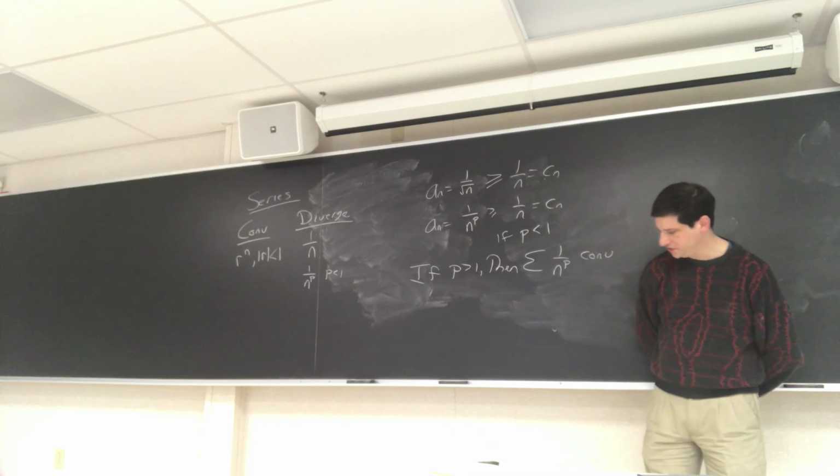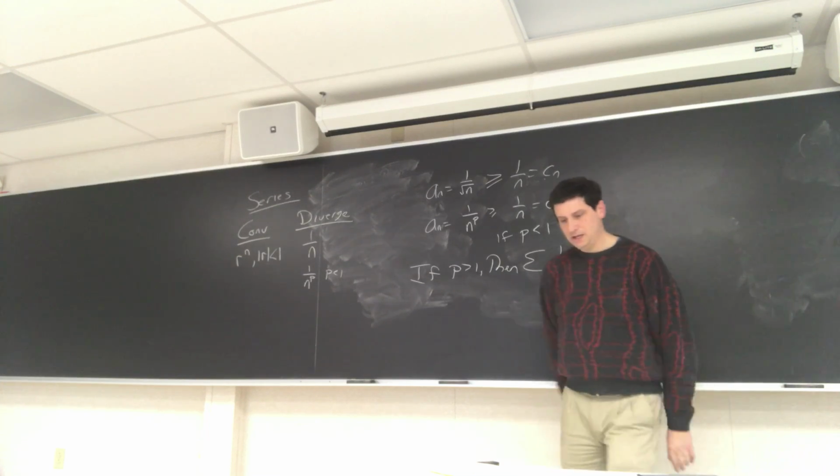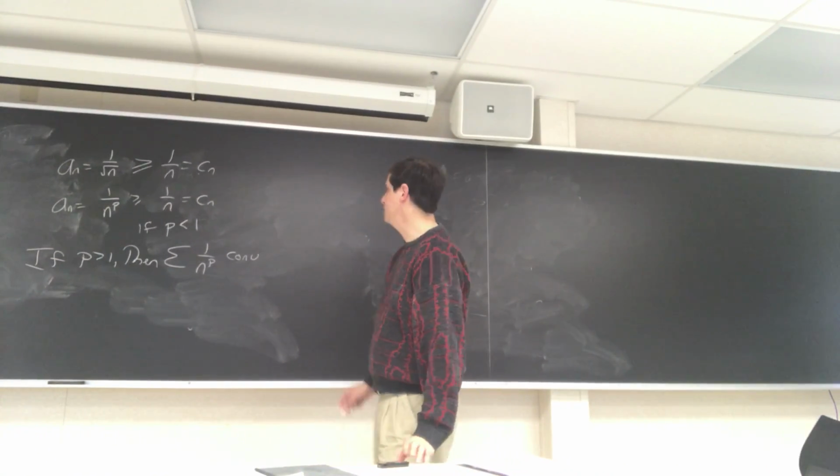So I'm trying to think if we can do this entirely elementarily. Probably the best way to do this is to quickly give you some indication of the integral test.